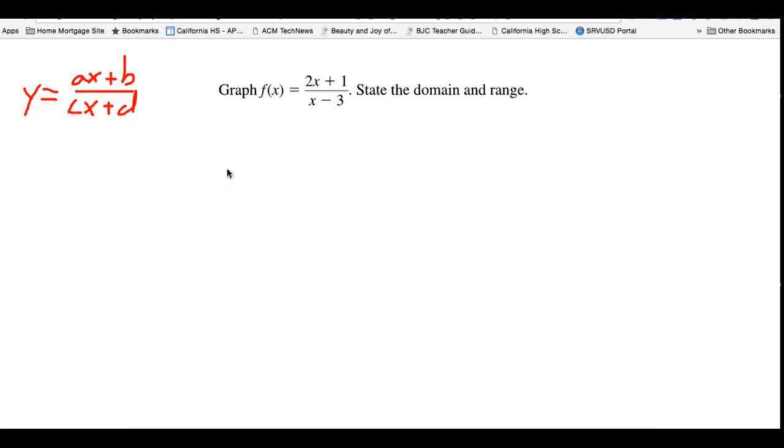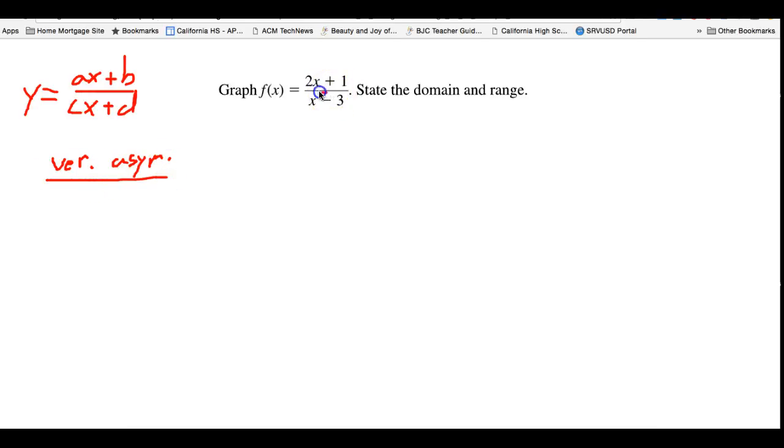Now, our steps are the same. First thing you have to do is find the asymptotes, plot them, and then find out your points to the left of the vertical asymptote and to the right of the vertical asymptote. So to find the vertical asymptote, what you have to do is take the denominator and set that equal to 0.